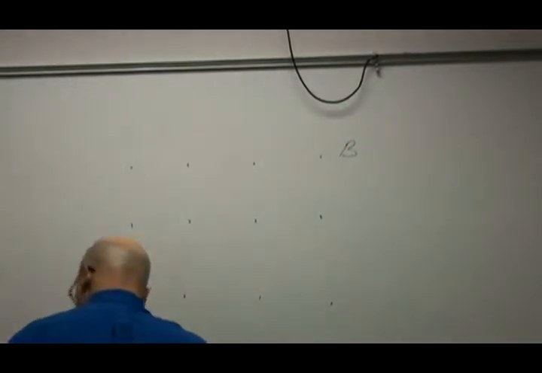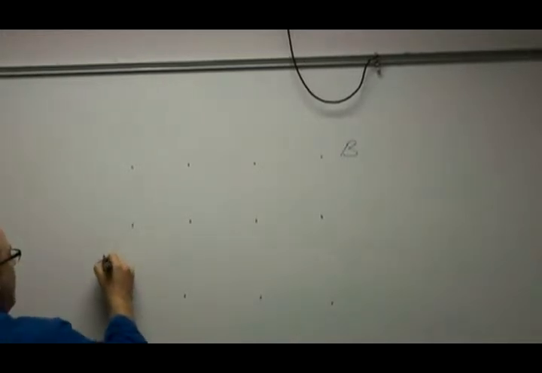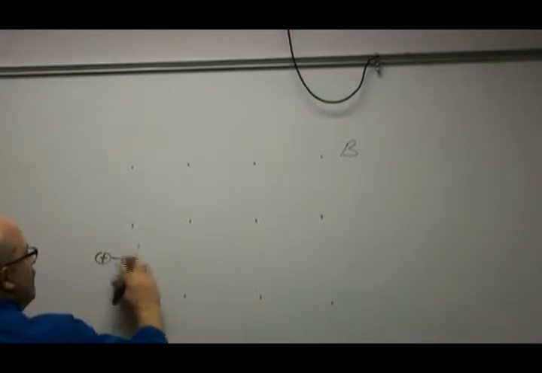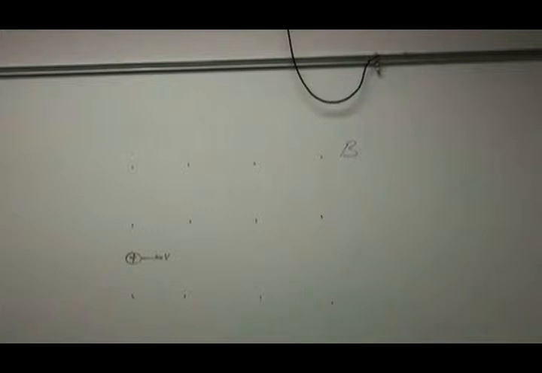And now, we'll start with a positive charge. I have a positive charge that's moving this way with a velocity, and it shoots into this region of magnetic field. When it enters the magnetic field, right here, which way does it receive a force?